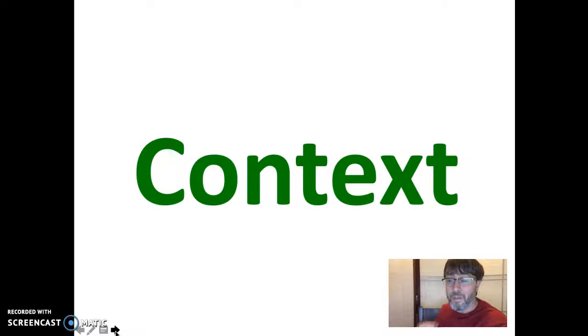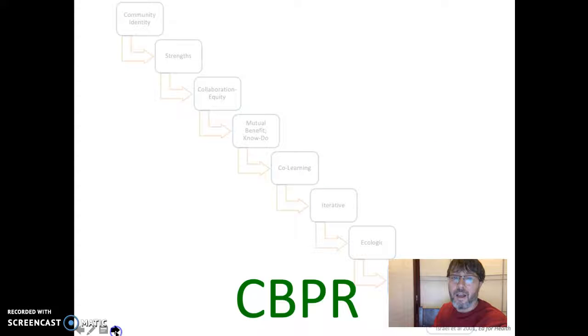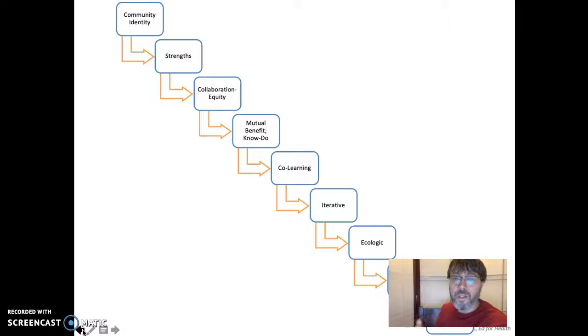If you want to talk about theories of context, there are approaches that look at the community identity and the strengths of the community, looking for ways to bring mutual benefit, learning, iteration, and solutions that are ecological, that don't just look at the individual, but look at their environment, look at their relationships.